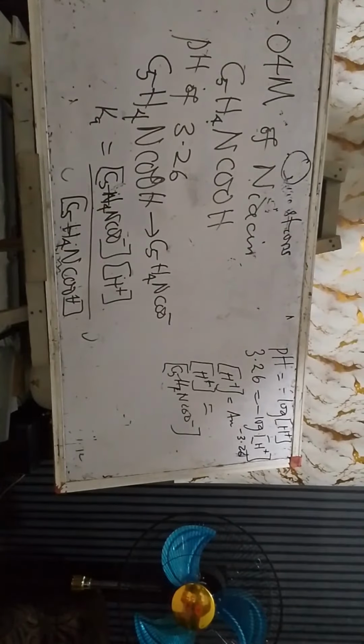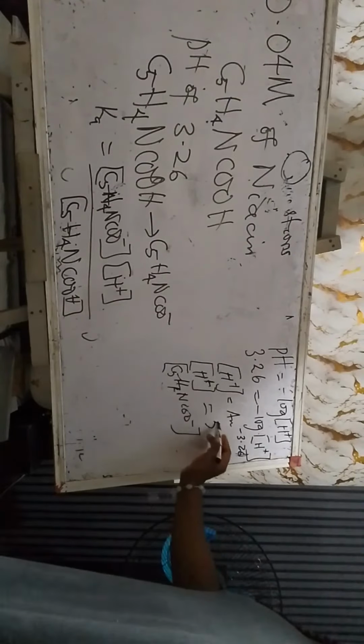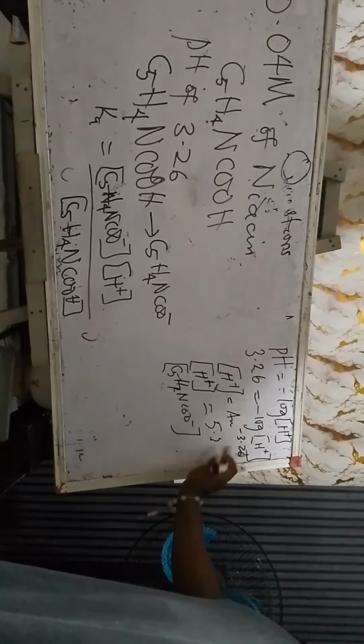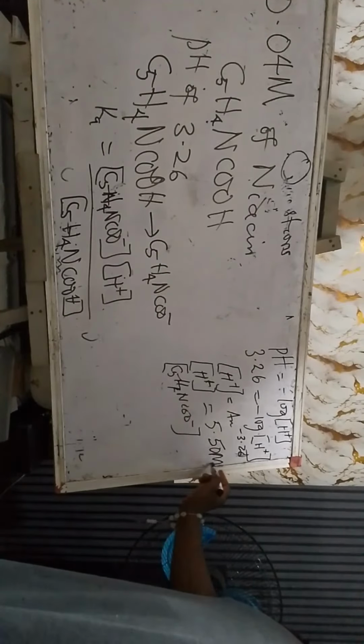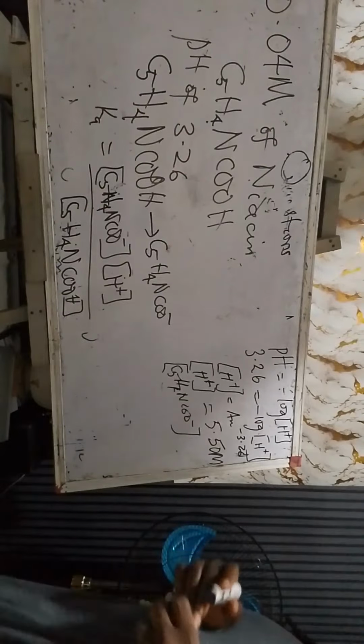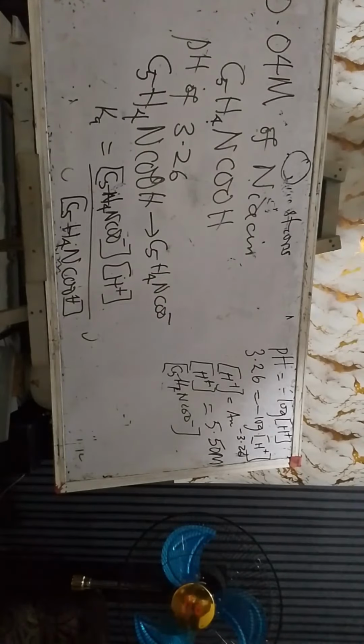So that will be the same concentration of the alkoxide ion, 5.50 molarity. So I will look at the question. If the question says at 25 degrees Celsius, otherwise it means you will need to calculate.